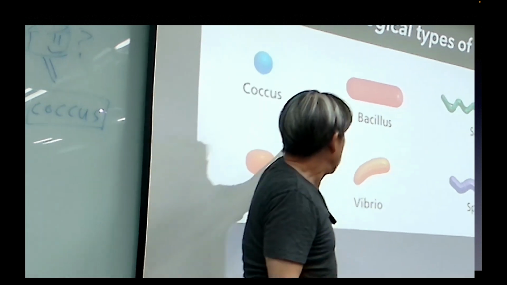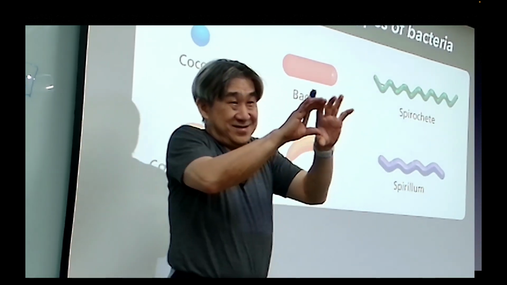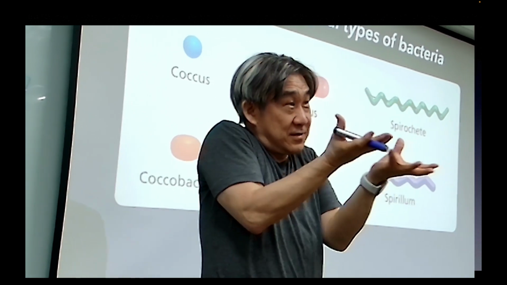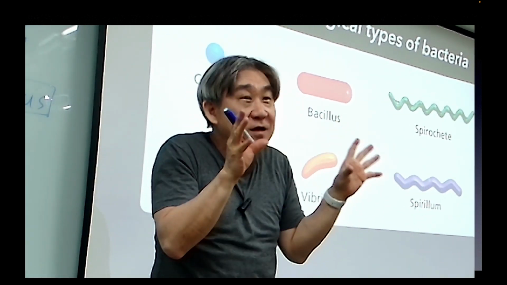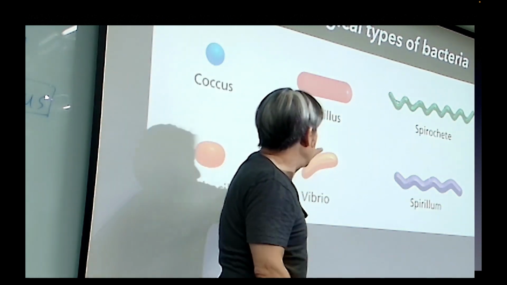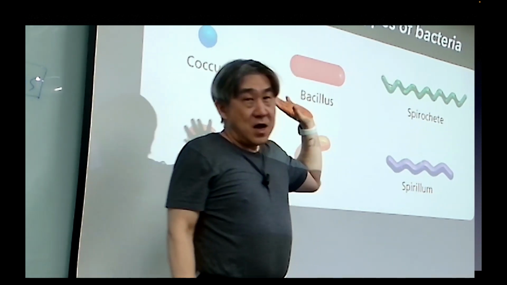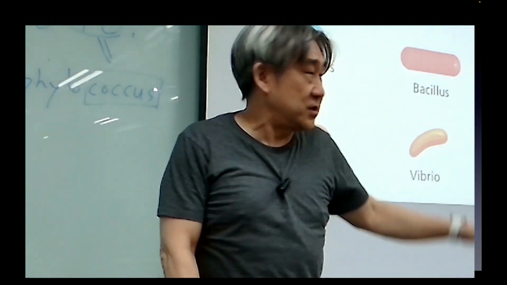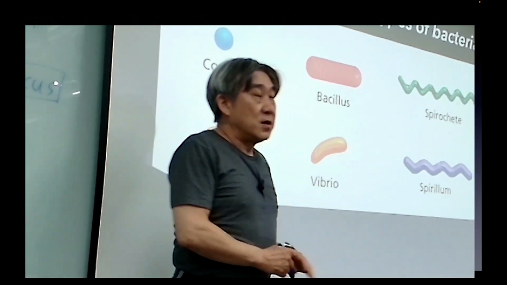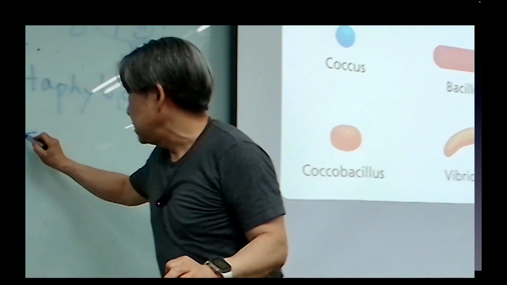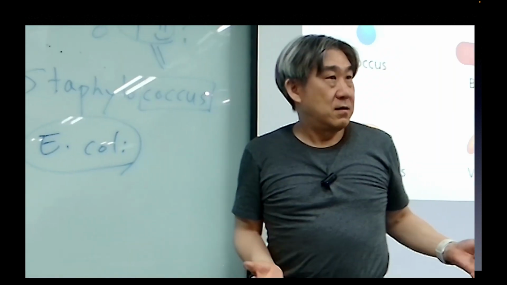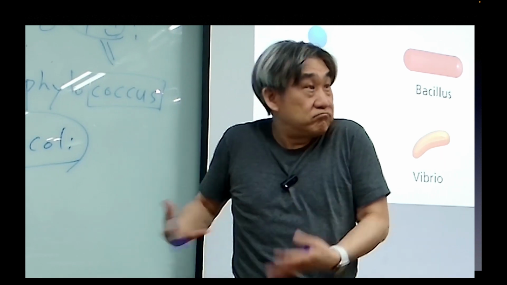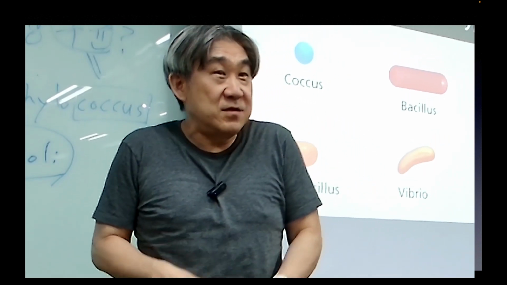On the other hand, bacillus is a pill-like shape, a little round, rod-like, rod-shaped bacteria called bacillus. One very famous such bacillus form of bacteria is E. coli. E. coli is what resides in our intestine.